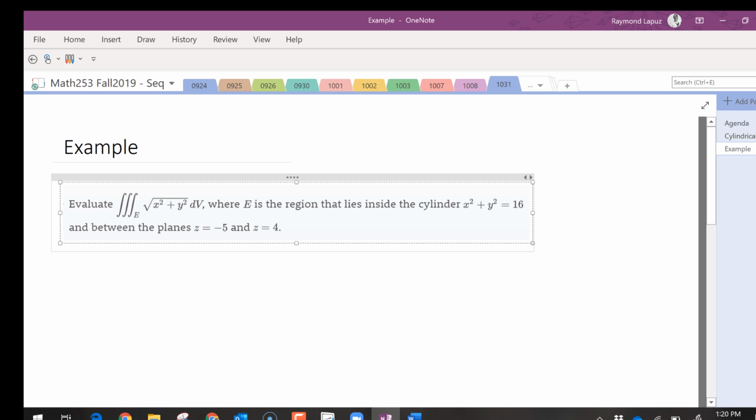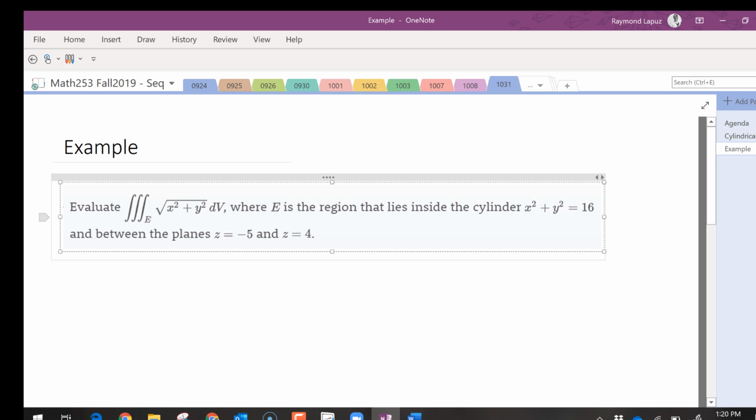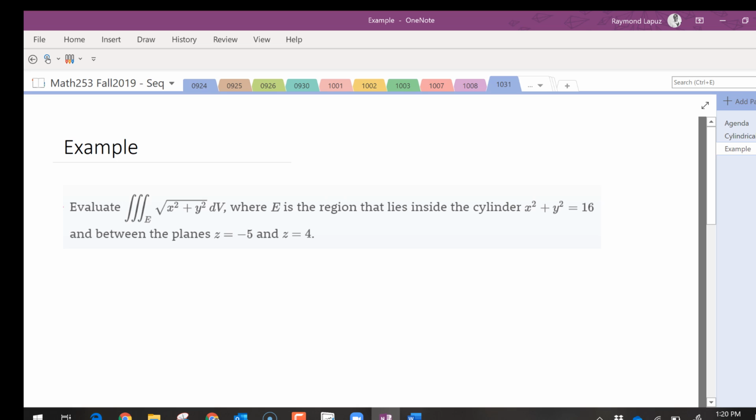So we're here. We have an integrand of x squared plus y squared. The region lies inside of the cylinder, and between the planes z equals -5 and 4. So this x squared plus y squared is technically a function of x, y, and z, and that's not something that we would be able to visualize.